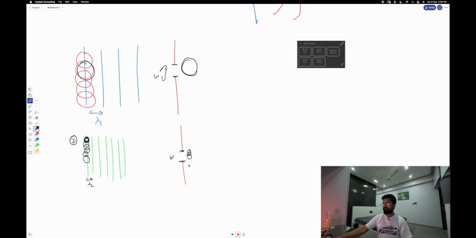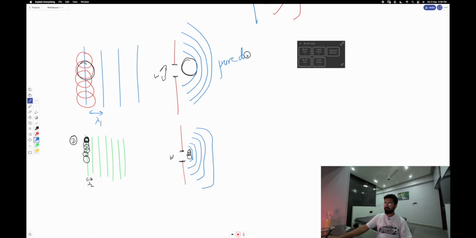So what is the shape of the wave front passing through? That's how it is, pure curved, whereas here edges are curved, center is flat. So which is a pure diffraction? This is pure diffraction. This is less diffraction. So we understand from this observation that the larger the wavelength, the larger the diffraction; the smaller the wavelength, the smaller the diffraction.